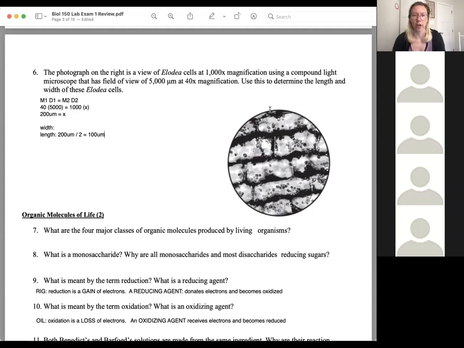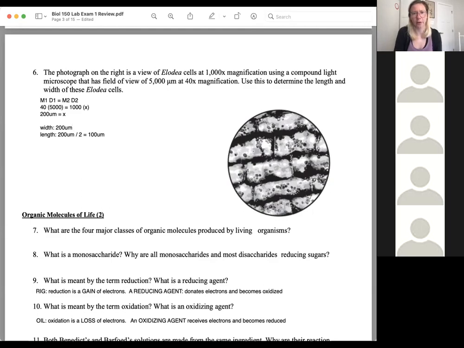And then what about the width? This shorter dimension. Like 5 cells fit widthwise in diameter, so 200 micrometers divided by 5 would be 40 micrometers. Yeah, excellent. Going in this dimension, it's 1, 2, 3, 4, and 5.